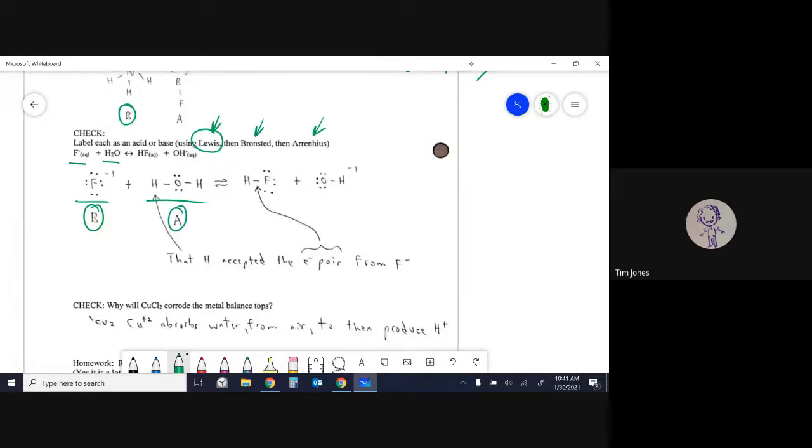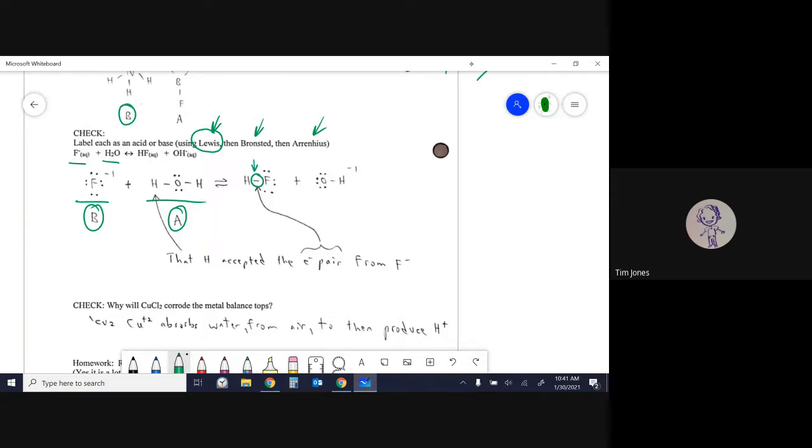And so what's going to happen here is the F minus 1 ion is going to share a pair of electrons. It would be this pair right here. It's going to share it, not with the entire water molecule, but with one of the hydrogens. So a hydrogen leaves the water, grabs onto this pair of electrons. I could have picked any of the 4 pairs.